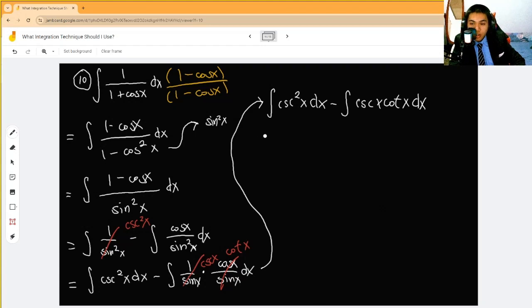And by definition, the integral of cosecant squared x is negative cotangent x, and the integral of cosecant x cotangent x is negative cosecant x. So we'll proceed there, and our final answer would be negative cotangent x plus cosecant x plus c. We're done.